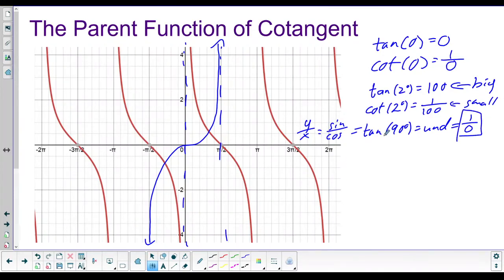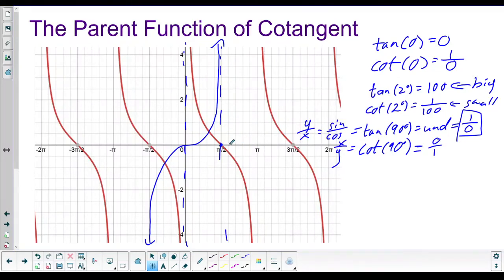It comes from this fraction. So if we do cotangent of 90 degrees, we're just flipping this fraction. We're doing x over y. So it is 0 over 1. So anywhere you have a vertical asymptote for tangent, you get a 0 for cotangent.